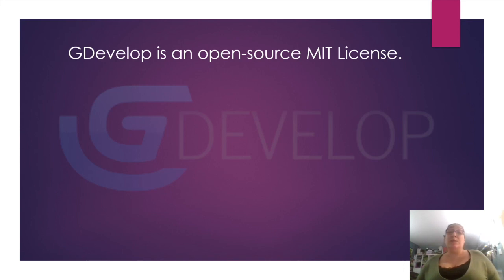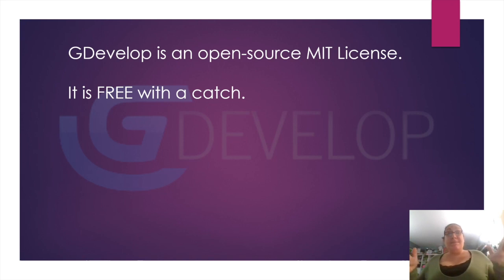GDevelop is an open source MIT license. It is free, but with a catch. So the MIT license allows the company to be able to basically take your design, like if you've created it in the open source that it is, they are able to profit off of that in the long term.